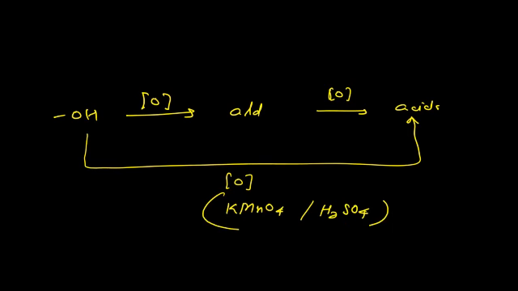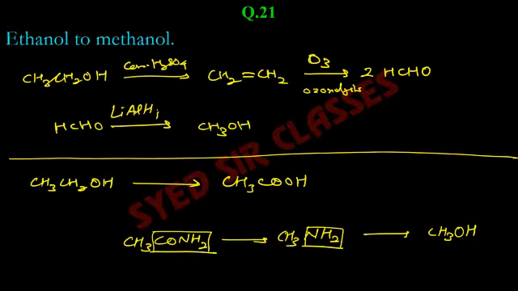In this case, no aldehyde or ketone will be produced, rather it directly gets oxidized to acid. So write down all these things, you will need these again and again. KMnO4 with H2SO4 will directly give you acetic acid.